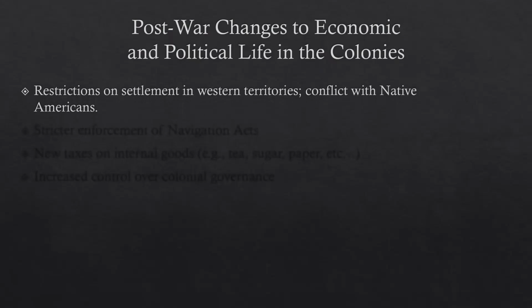So right at the same time, England has won this war against France. Its colonists become embroiled in a very vicious and violent battle with a sort of a coalition of Native American tribes led by a chief called Pontiac.